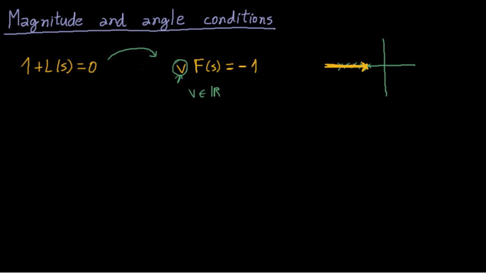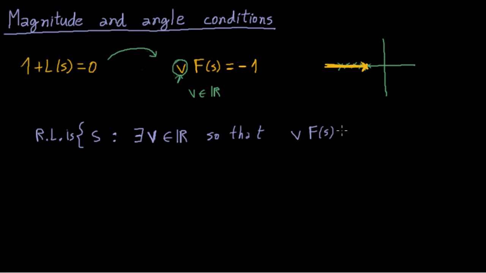So another way to look at this is, well, the root locus is the set of all possible positions in the complex plane, all the s in the complex plane, for which a certain v exists, a certain v belonging to the real numbers again, so that v times f of s is equal to -1. This could be another possible definition for the root locus.